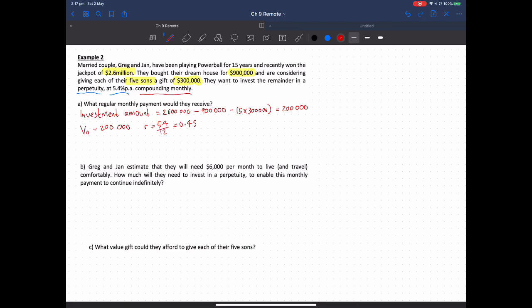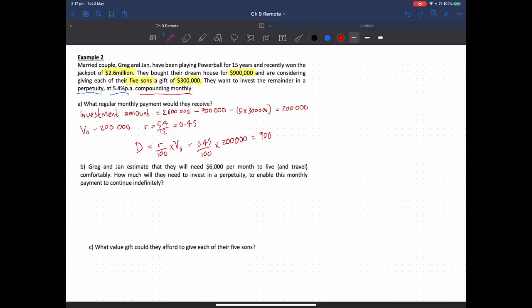So using our recurrence relation, D equals R on 100 times V0. We've just worked out our monthly interest rate is 0.45, so we've got 0.45 on 100 times V0, the amount they're going to start off with their investment, 200,000. That comes out to equal $900. So they would receive $900 per month.